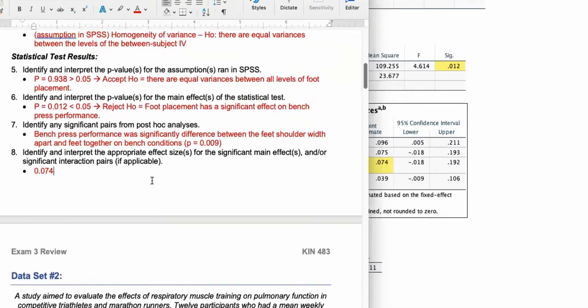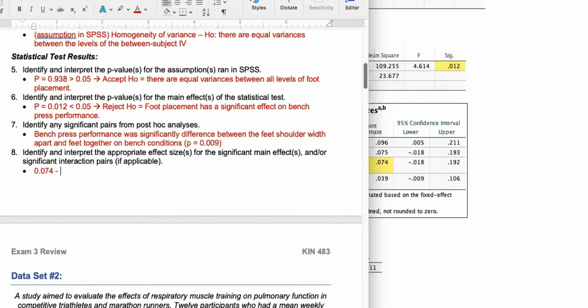Question to you guys: what is this, a small, a large, or a medium effect size? Or maybe it's somewhere in between. Large, medium. So the criteria for this, remember, is if you have an omega squared and partial eta squared, the values are interpreted similarly, right?